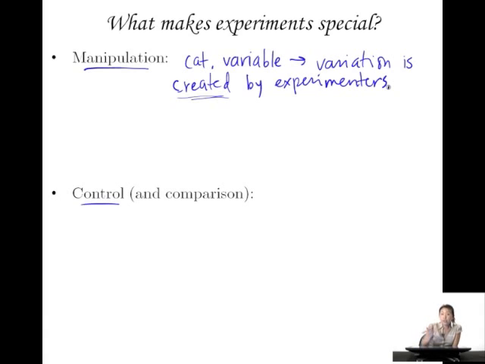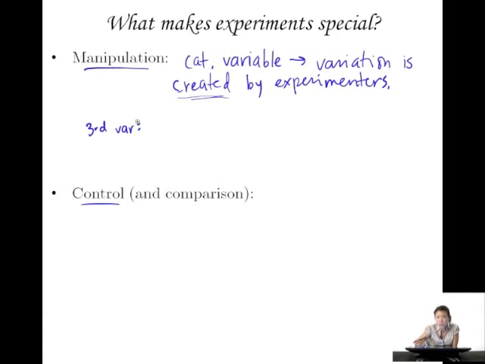Now, how does this address the third variable problem? Well, it addresses the third variable problem because the experimenters created some condition, right? They created the radio condition. It didn't exist before. Once the experimenters introduce this, you could look for changes in the second variable.